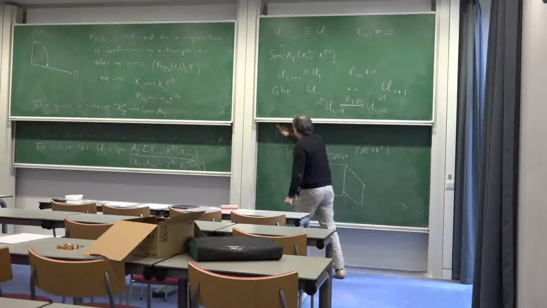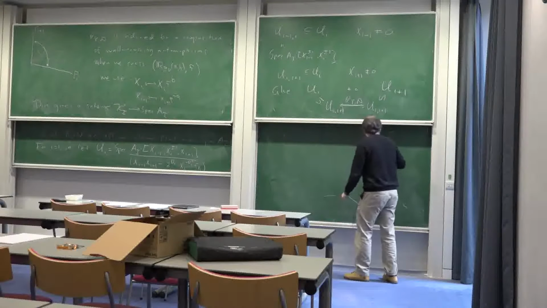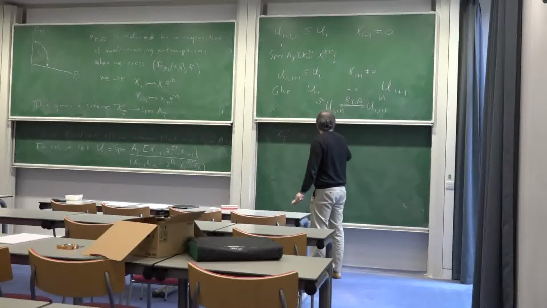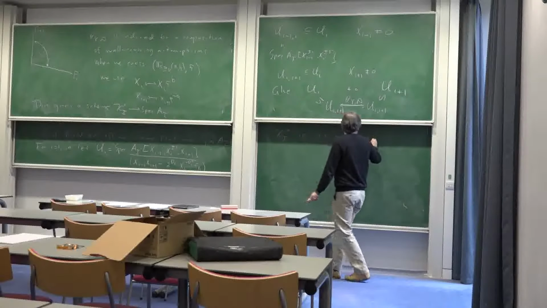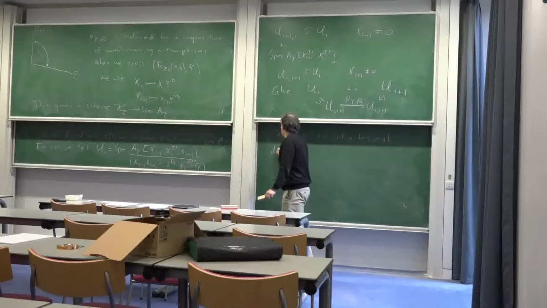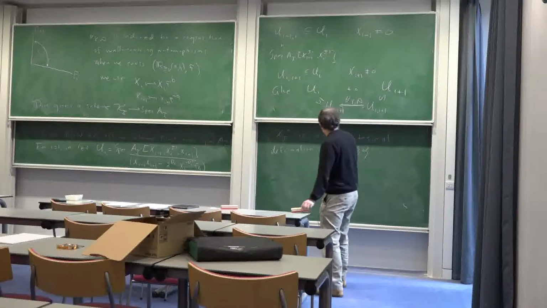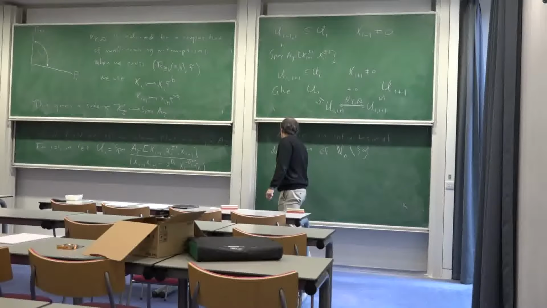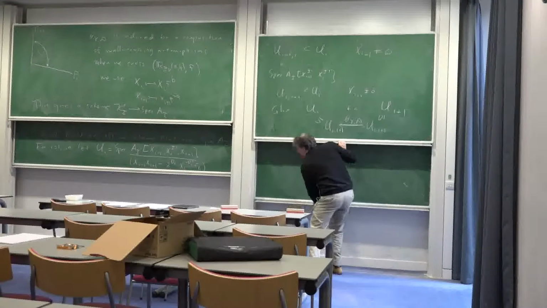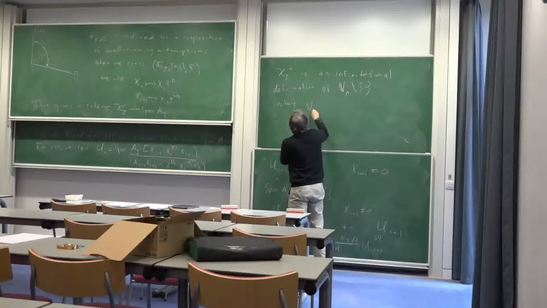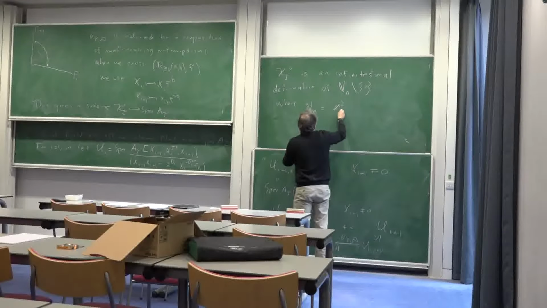So explicitly, X circ is an infinitesimal deformation of something we call the n-vertex, V_n minus the origin, where V_n is just a union of A^2's, which I'll write like this.